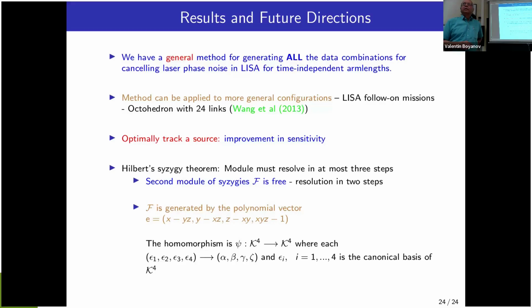So the noise is not completely cancelled. It is just suppressed below the other ambient noises. We are satisfied if it comes below the shot noise and the acceleration noise.